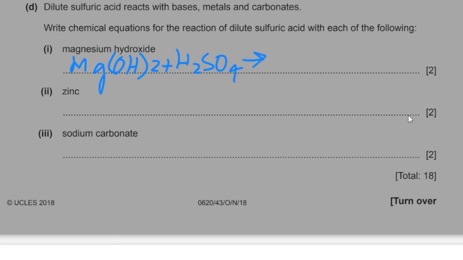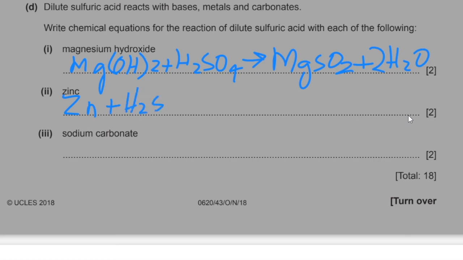So here this forms the salt magnesium sulfate and water. Balancing the equation, you have 2 molecules of water. Then we have zinc reacting with acid. So this would form zinc sulfate and hydrogen.